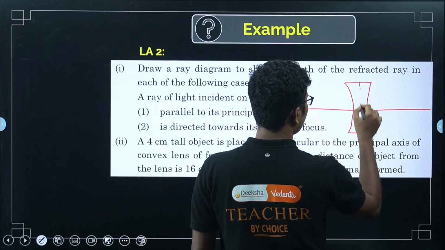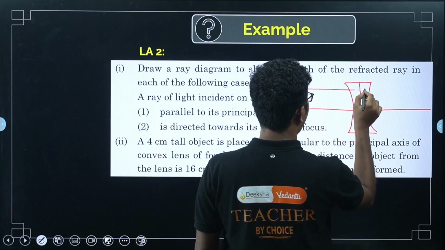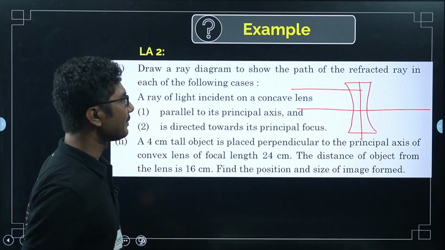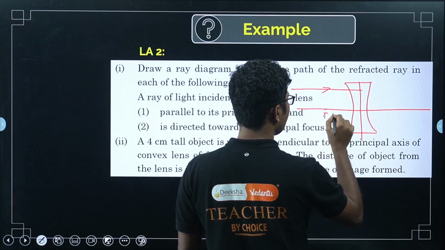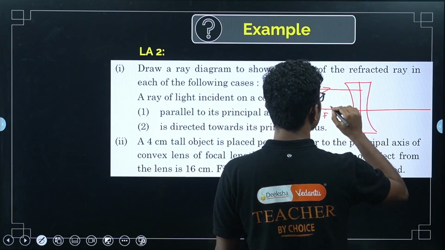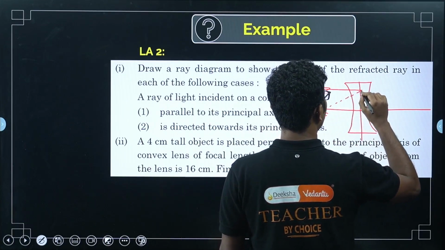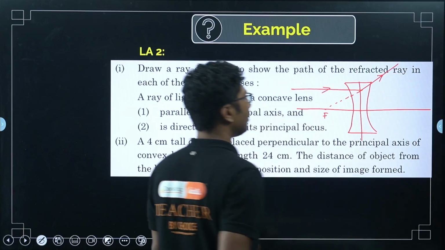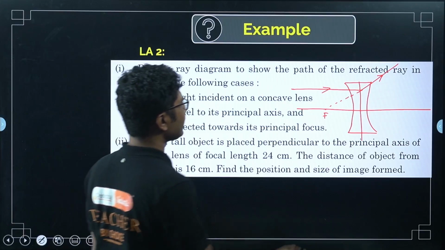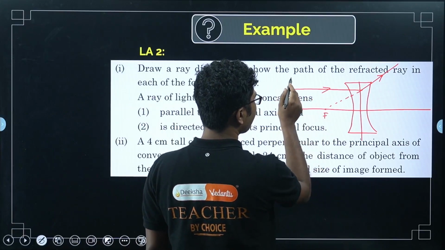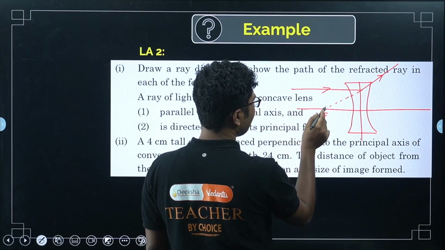So a ray is going parallel to principal axis. When the ray is parallel to principal axis, suppose this is the focus, so after passing through the lens, it will pass like this. And it is directed towards the principal focus. So principal focus is this for concave lens.